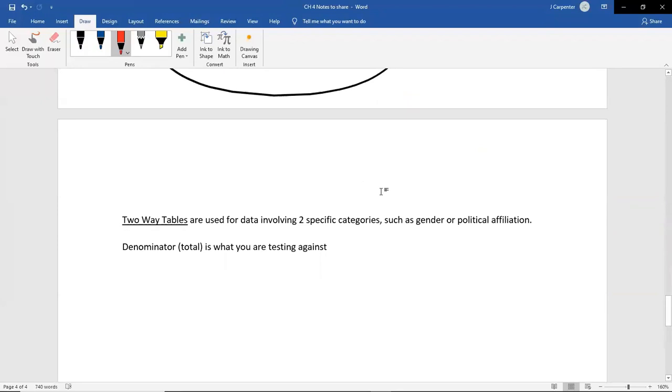Just use your imagination. The one thing I do want to point out that is in the material of this section that I'm not going to test on, however, it is an extremely cool concept that honestly goes along with what we were just discussing, are two-way tables, which are used for data involving 2 specific categories, such as gender or political affiliation, or maybe a drug test, whether you get the actual drug or you get a placebo.